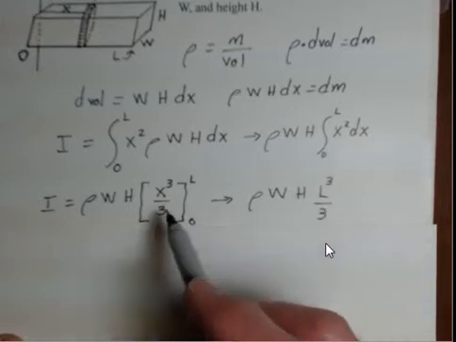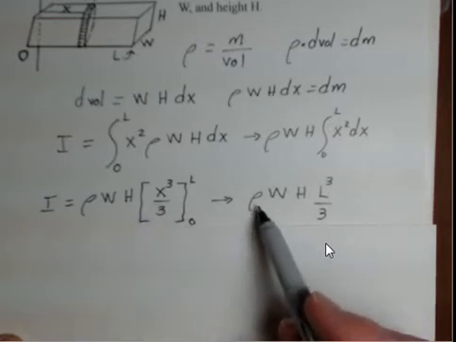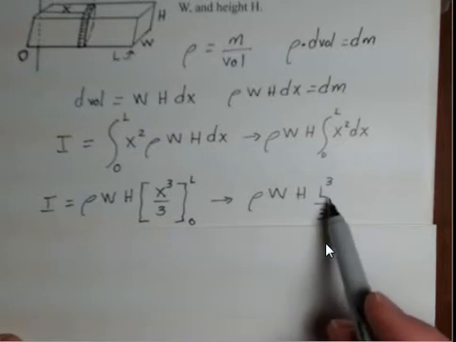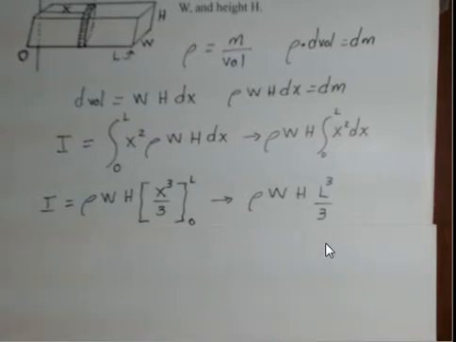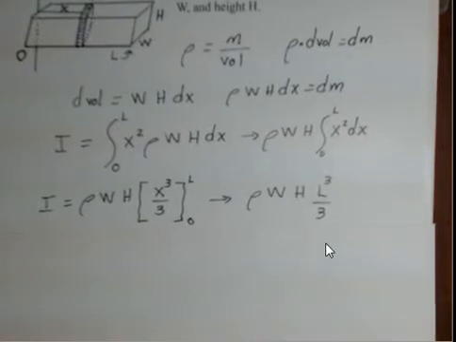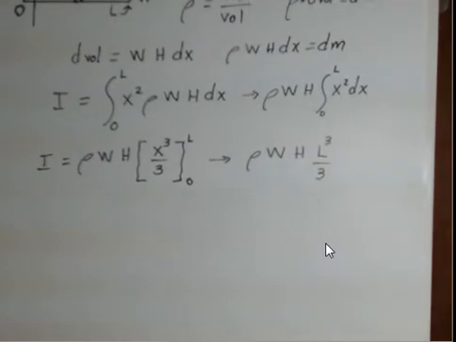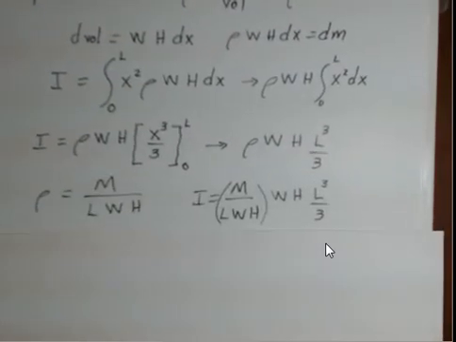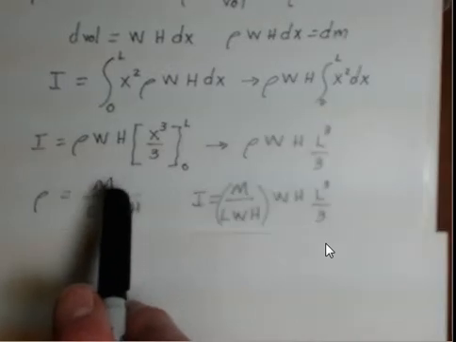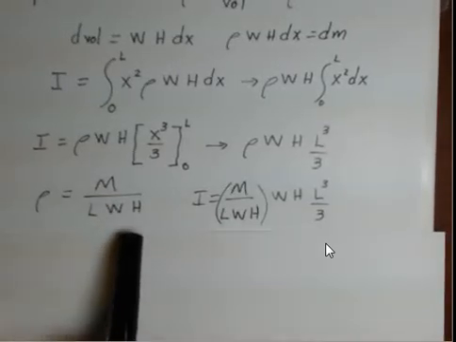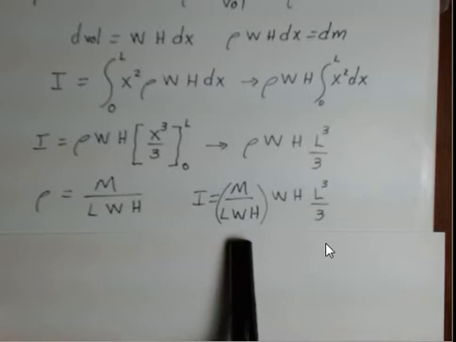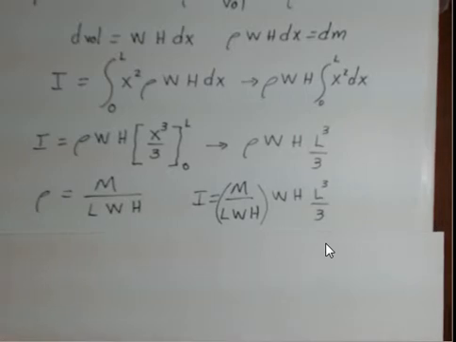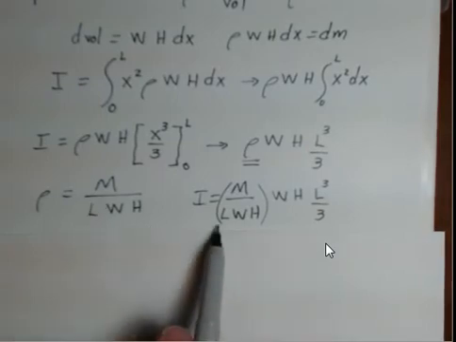But put in the L in place of x, and our rotational inertia formula is density, width, height, L cubed over 3. That's not completely useful. It's okay, but it would be better to have mass and length as the only parameters. So we can go back to our density here. The density is the mass of the rod divided by the volume of the rod, L w h. So I can replace the density right here by putting in mass divided by L w h.